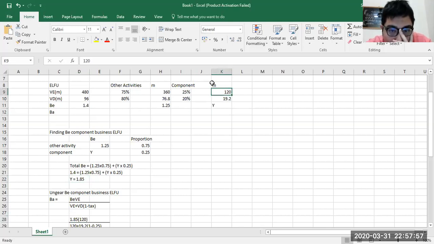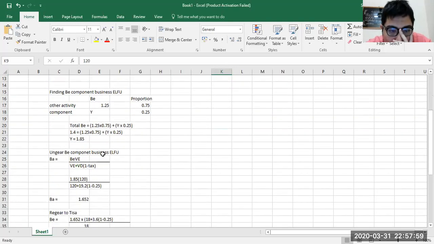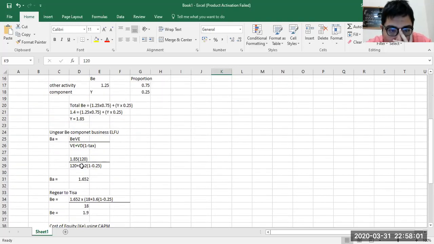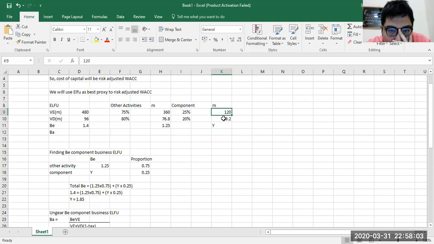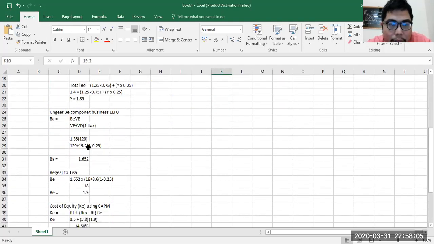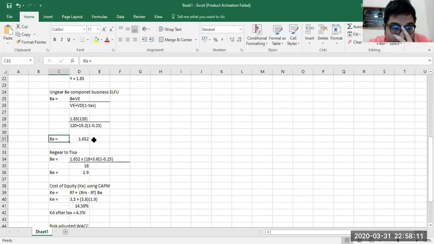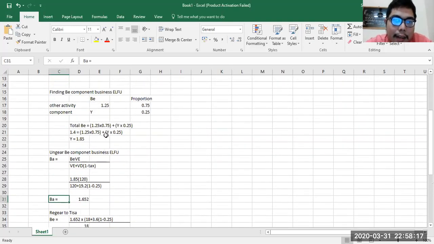You get it from the component, 120 million. Then 19.2, already given to you, and 1 minus 0.25 is your tax rate. So you will get the beta asset 1.652. This is the beta asset for the LFU.